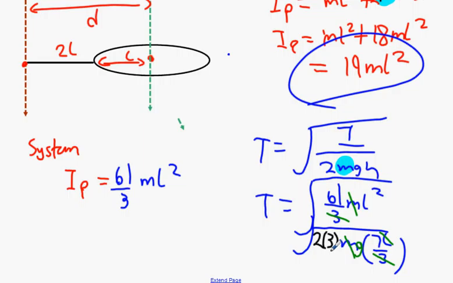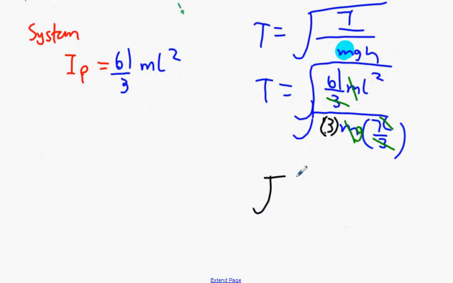Oh, sorry, that 2 shouldn't be there. It was 3mg, not 2mg. So there we go. It's going to be 61, and that L cancels there, so it's going to be 61 all over 21. 61L over 21g. And that's your periodic time. There you go. Let's hope next time I remember the m business again. I'm just going to start highlighting the m's all the time.